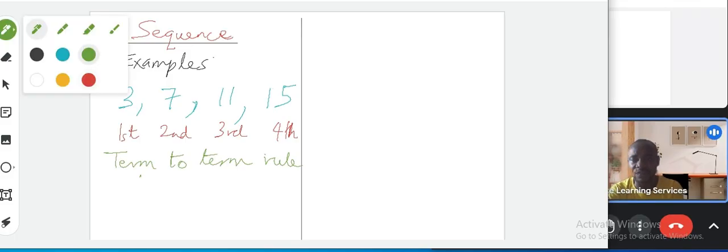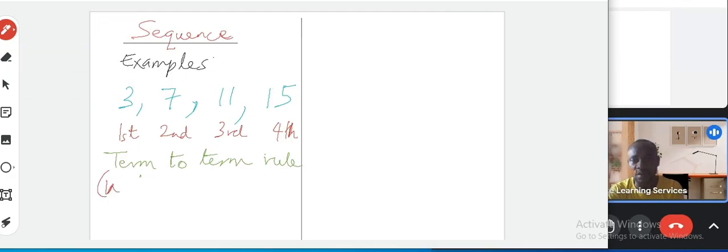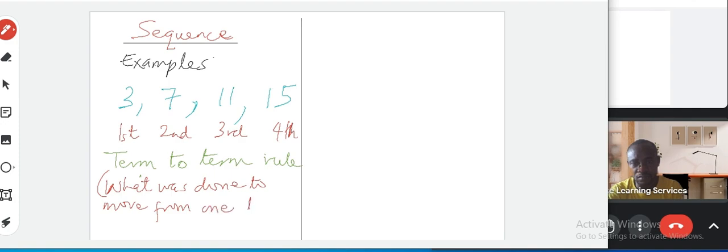Okay, so we can define term to term rule as what was done to move from one term to the next term. And what you did was you added 4.